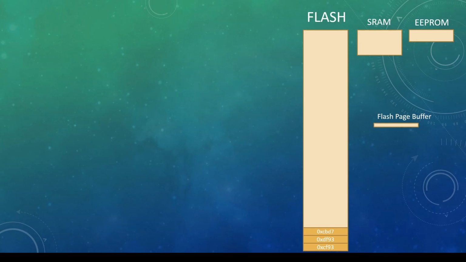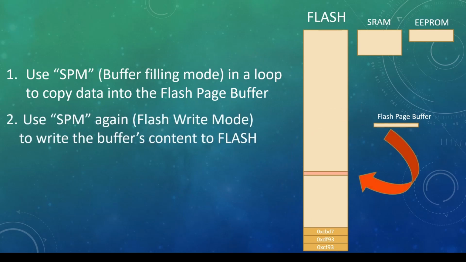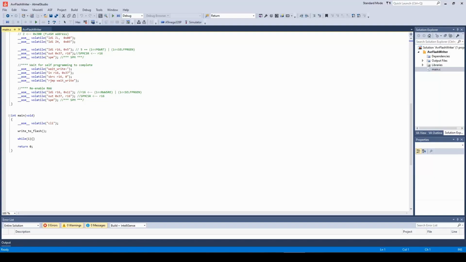In order to burn the flash, the bootloader will first fill the flash page buffer word by word using the special SPM instruction, in buffer filling mode. Then the SPM instruction will be used again in flash writing mode in order to flush this buffer into flash. This entire procedure will happen in a loop until the entire binary is burned, while dividing this binary into chunks of 128 bytes.